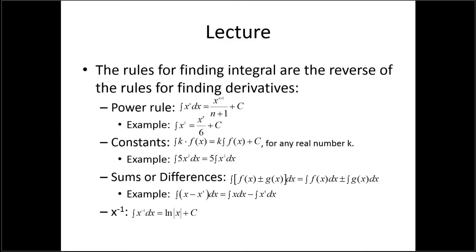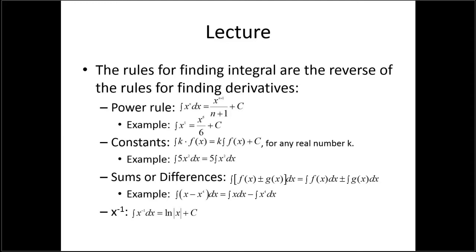So the integral of 5x squared dx would be 5 times the integral of x squared dx. Easy enough. Same thing, nothing too complicated about sums or differences of integrals. The integral of f of x plus or minus g of x dx is just separately the integral of f of x dx plus or minus the integral of g of x dx.